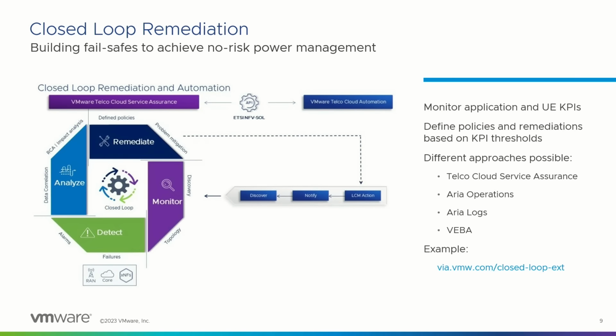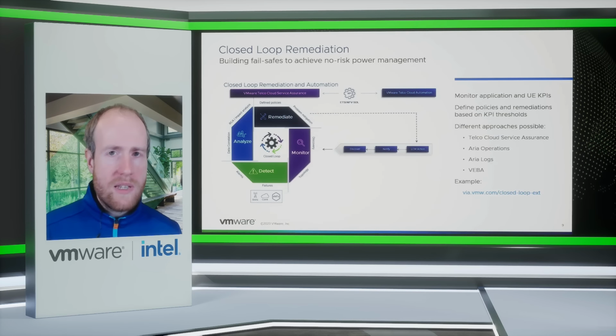One more thing I want you to take a look at really is closed loop remediation and closed loop automation. Depending on measured key performance indicators, for either your UEs or from an application perspective, you can start by inducing certain automated scripts and remediation actions. And there is a variety of different approaches possible.